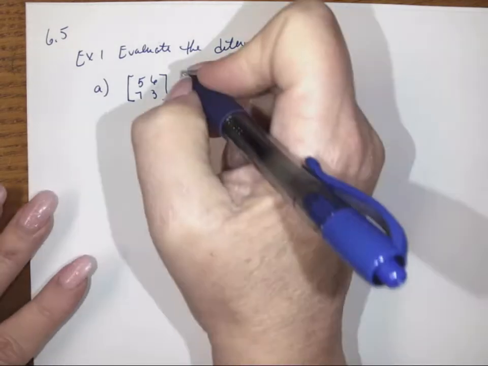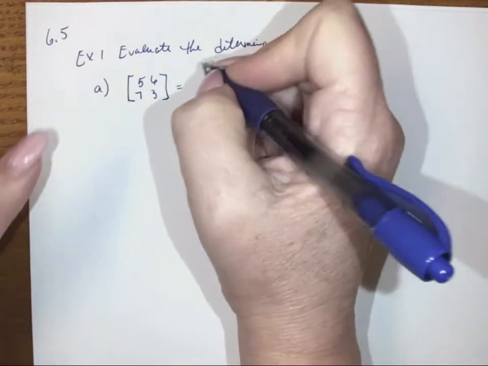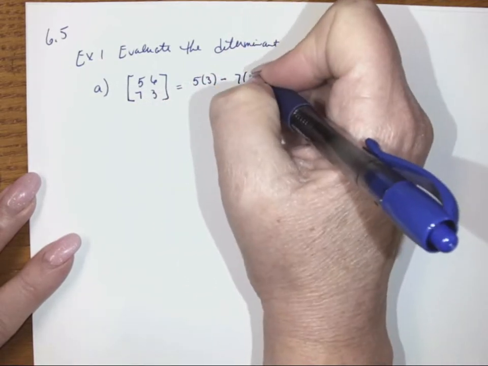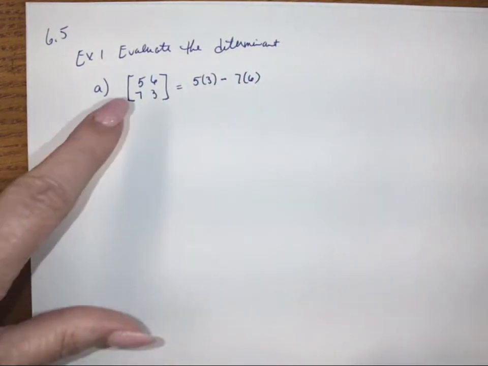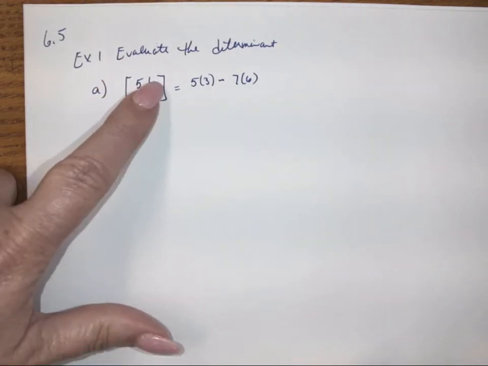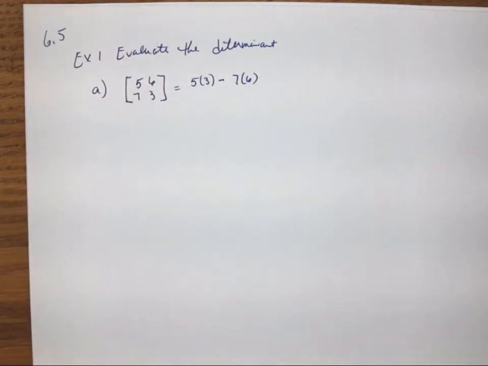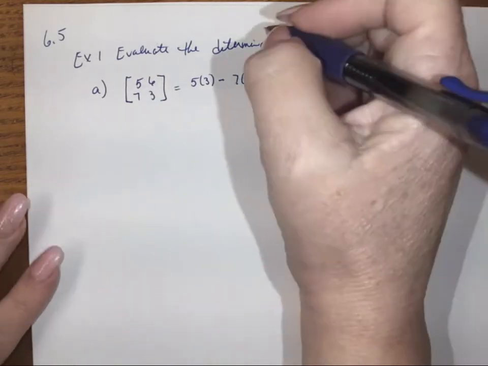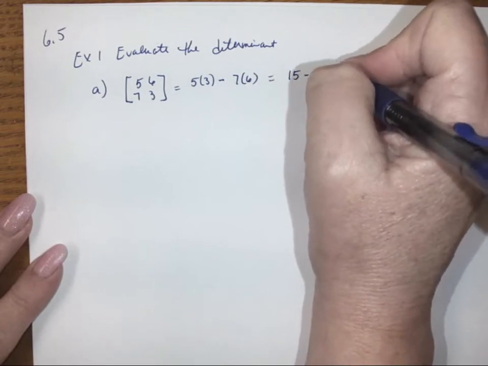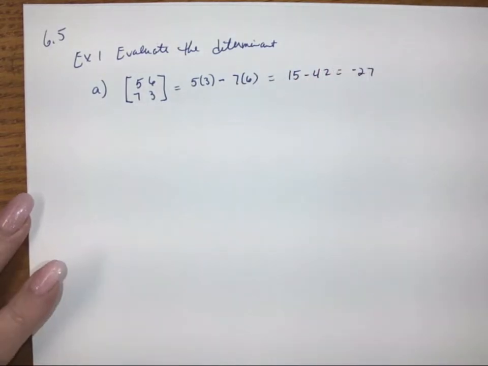All we're going to do is cross multiply: 5 times 3 minus 7 times 6. You have to start up here and go down, and then subtract and go that way. As long as you get the two numbers correct and don't do it backwards, that's the main thing. So this would be 15 minus 42, which gets you negative 27.